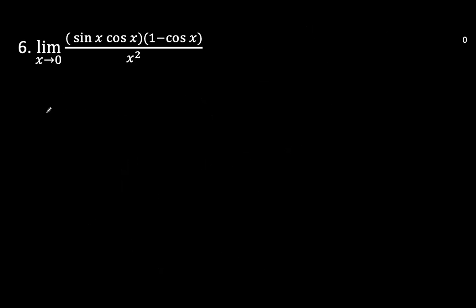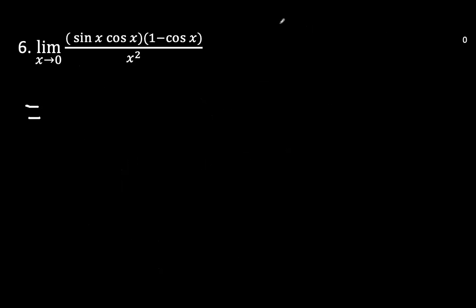And for item number 6, we have this function. Let's apply theorem number 2, and even theorem number 1 if good. Okay, so I have sine x cosine x here, and 1 minus cosine x.